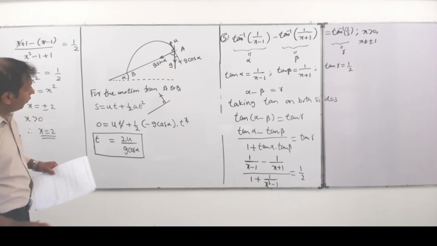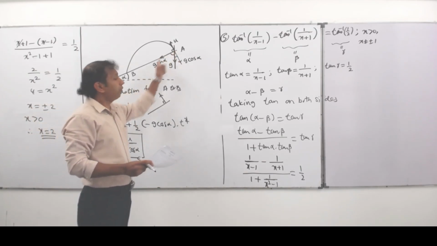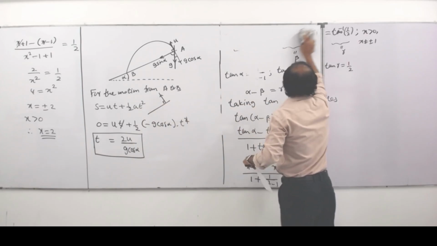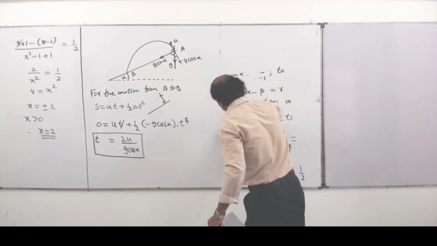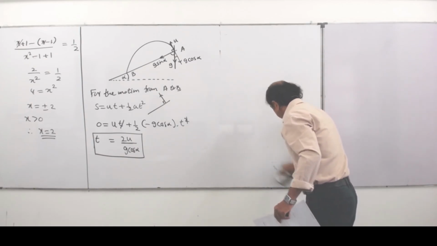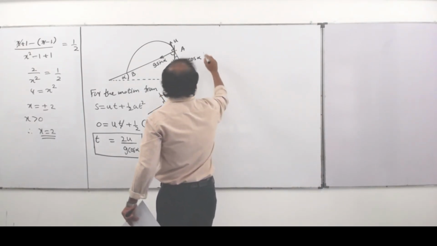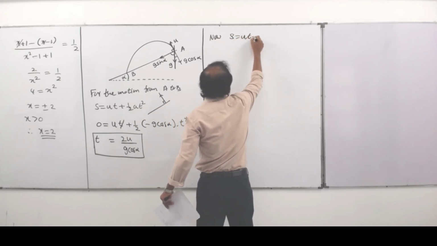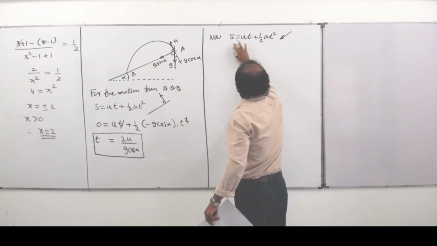Then we need to find this distance AB. Now we apply S equals ut plus half at squared along this plane, down the plane, for the same motion AB.